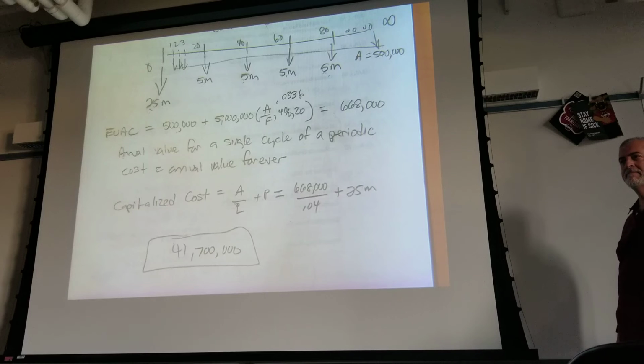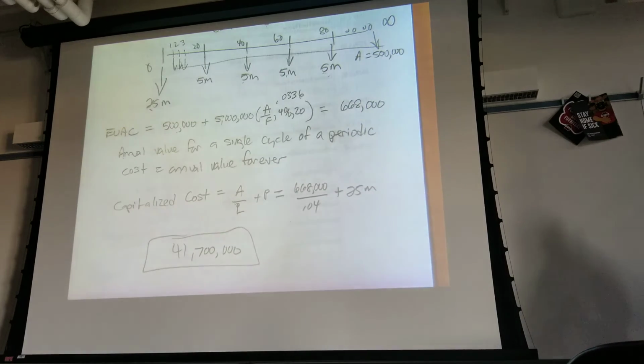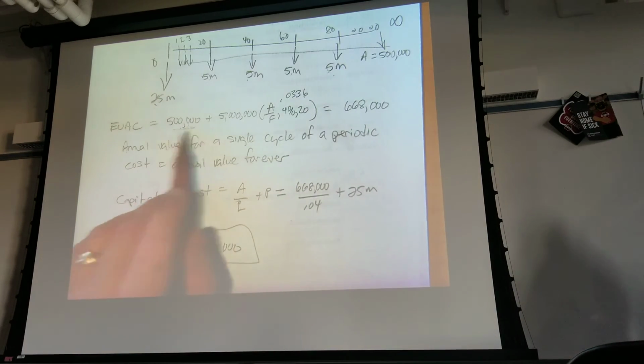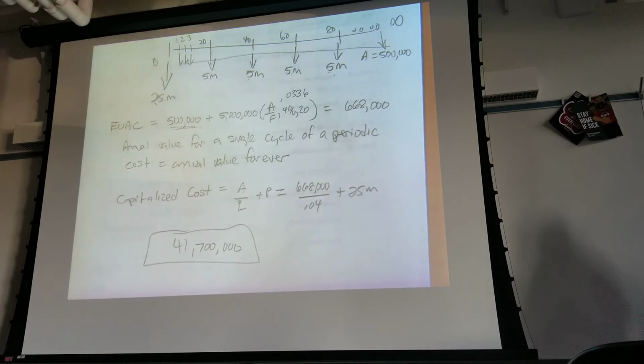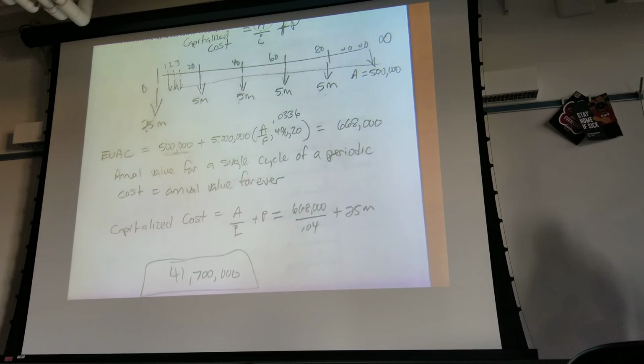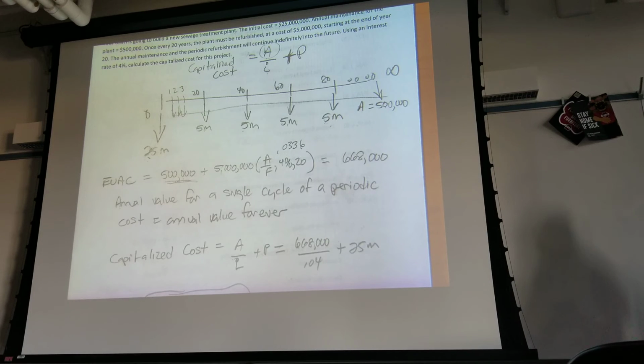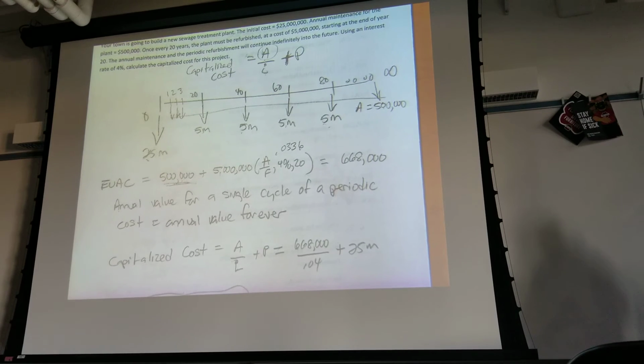Go ahead. So we don't have to do anything for the $500,000 for the annual maintenance, we don't have to calculate anything for that. We just plug in 500,000. We don't need to calculate 4% or anything.